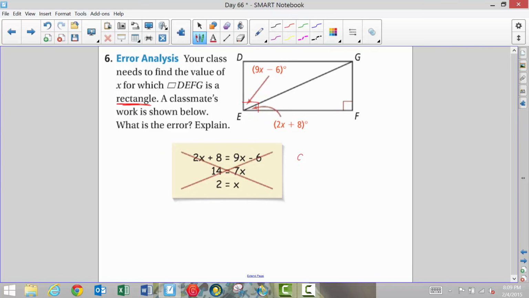So angle addition, I have 9x minus 6 plus 2x plus 8 equals 90. 11x, negative 6 plus 8 is plus 2, equals 90. So I have 11x equals 88. X is equal to 8. So if x is 8, it's a rectangle.